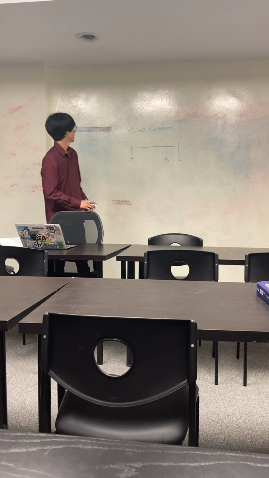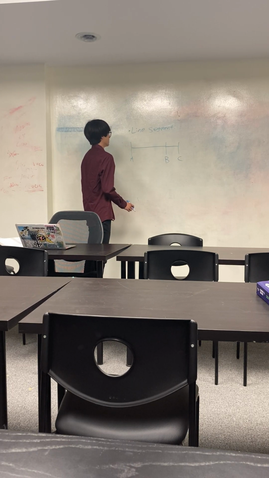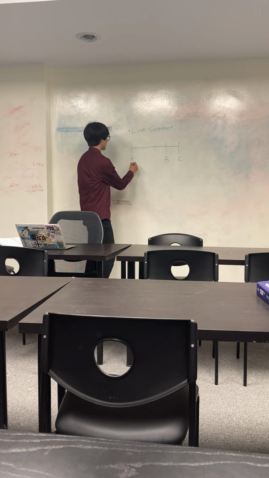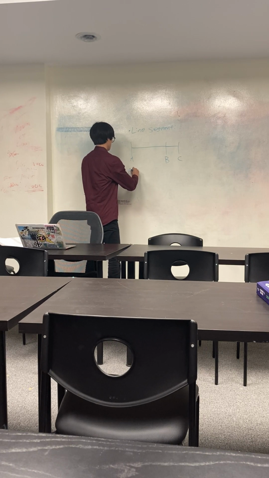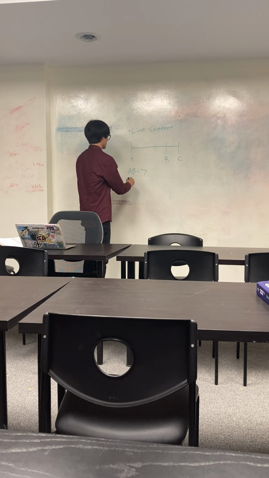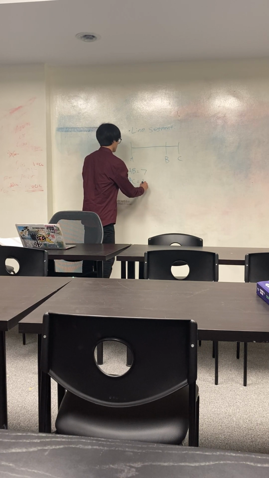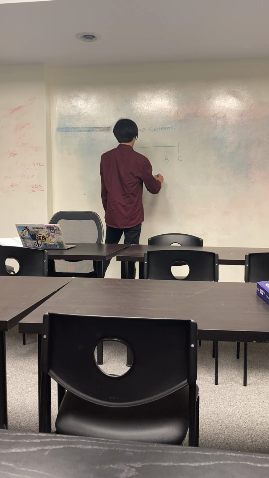For example, you might see something like this on the ASVAB where, let's say AB has a length of, I don't know, 7. And let's say that the total line segment, or AC, has a total length of 12. Find the length of BC.